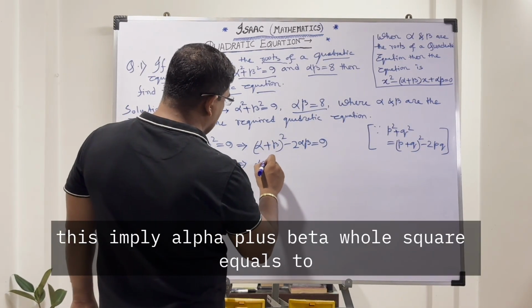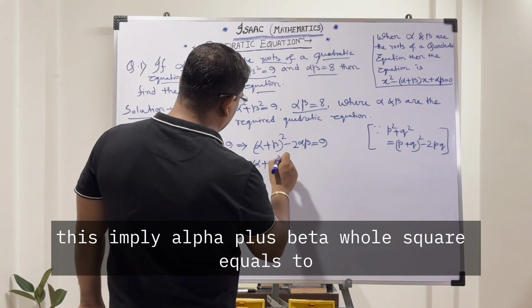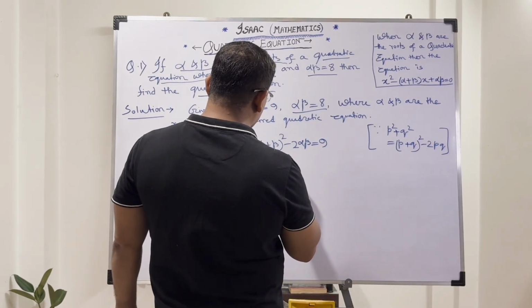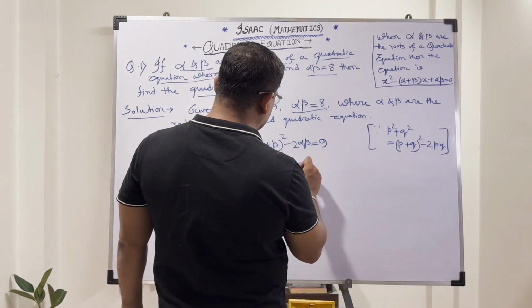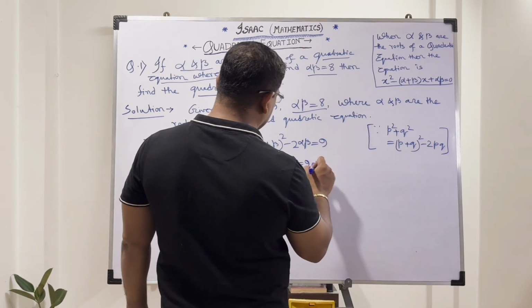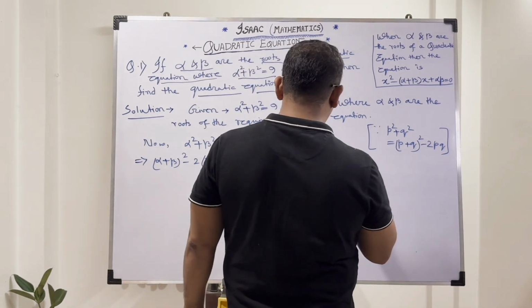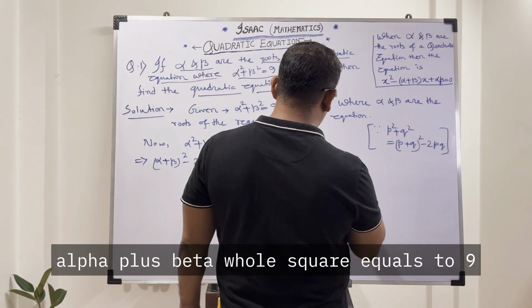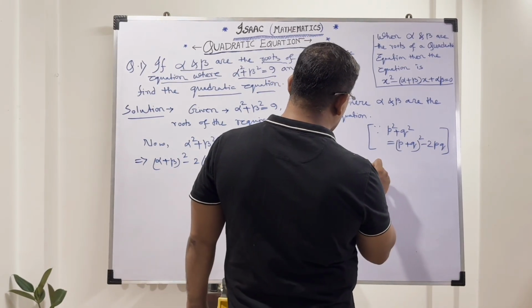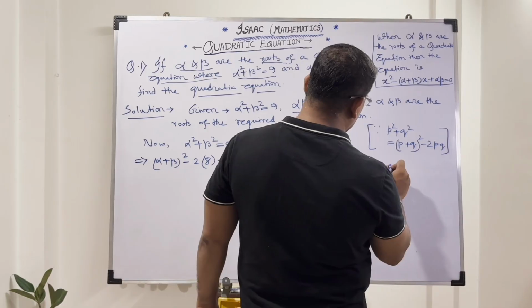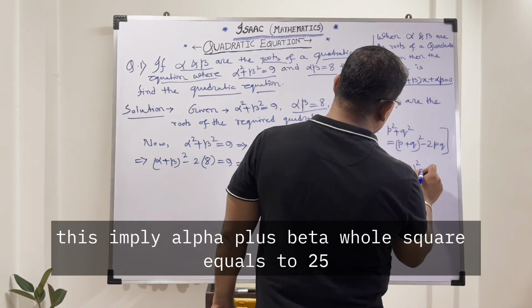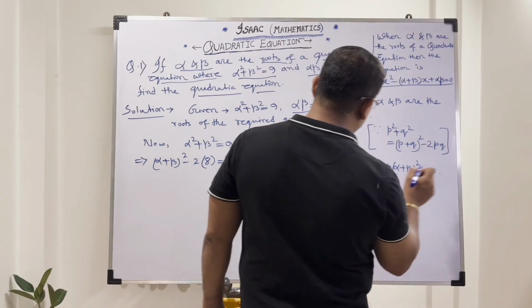This implies alpha plus beta whole square minus 16 equals 9, so alpha plus beta whole square equals 9 plus 16, which is 25.